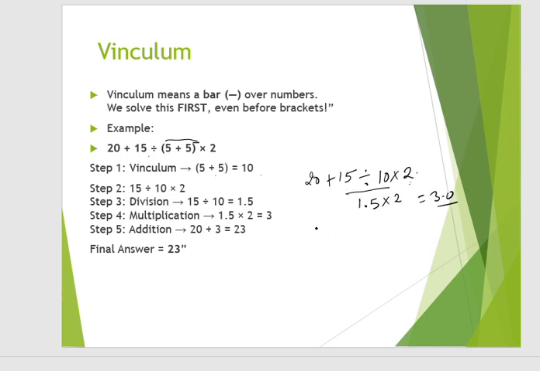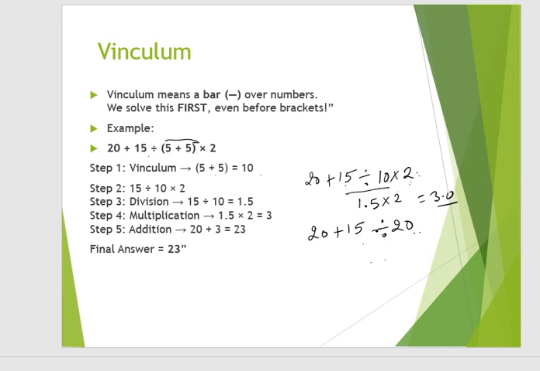If we go the other way, so 20 plus 15 divided by, we are going to go with 20. If you divide 15 by 20, you will get the answer as 7.5. So it is giving you something else.